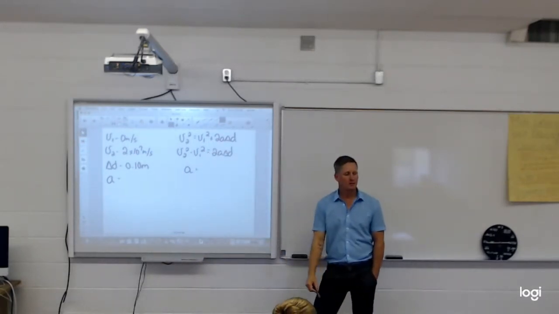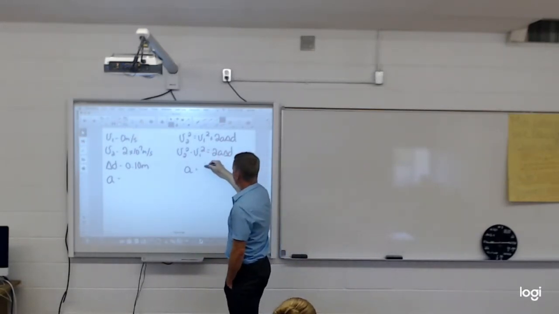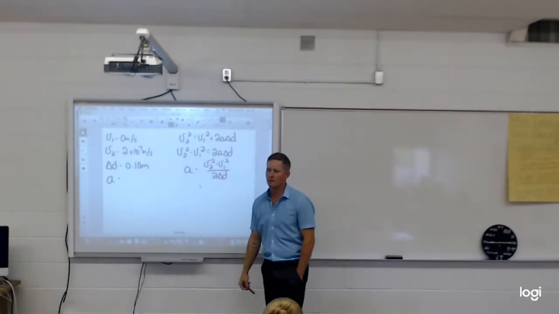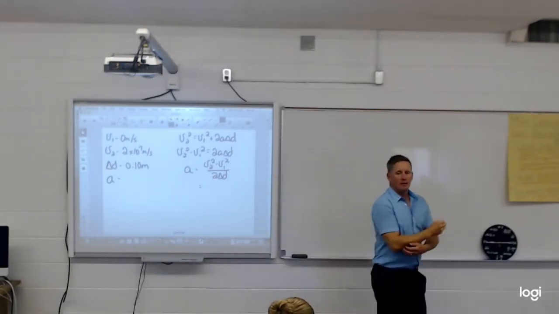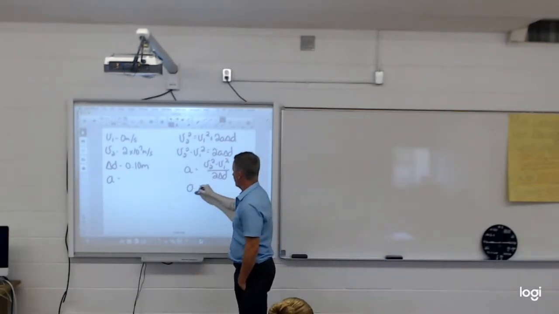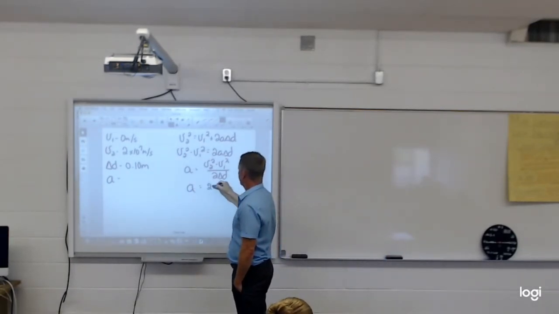Divide by 2D. A equals V2 squared minus V1 squared over 2D. All right, and then we just fill in our information now. A equals 2 times 10 to the 7 squared minus 0 squared over 2 times 0.1.